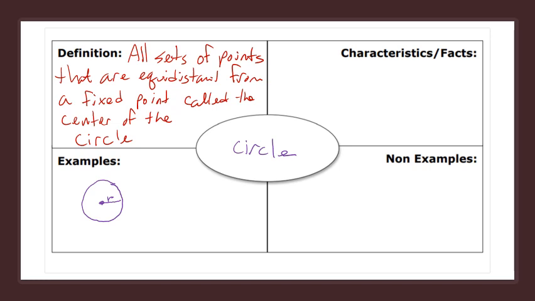And that equidistant distance from the center to any point on your circle is called the radius.